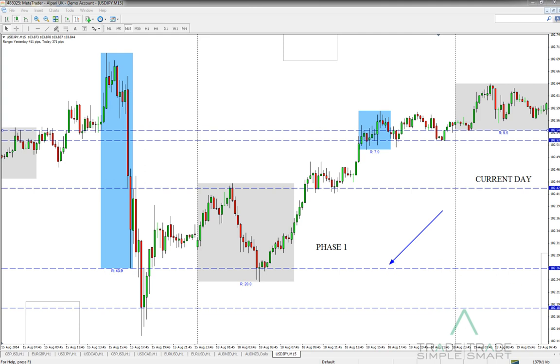Well, what would reinforce and give us more incentive to go with the first level is if it aligned with another technical level. Okay, so in this example, if the level at 102.26 aligned with a Fibonacci ratio or a pivot point or something of that nature, and we had no overlaps of other technical levels at the lower, then we would be more inclined to go with the highest identified level.